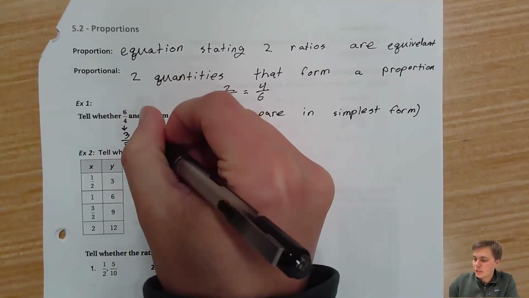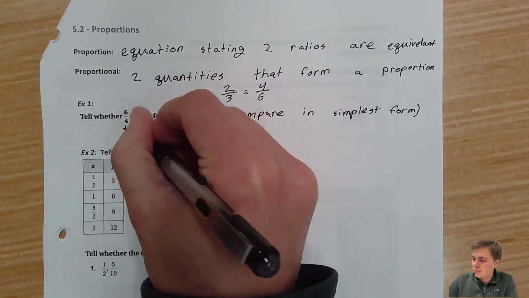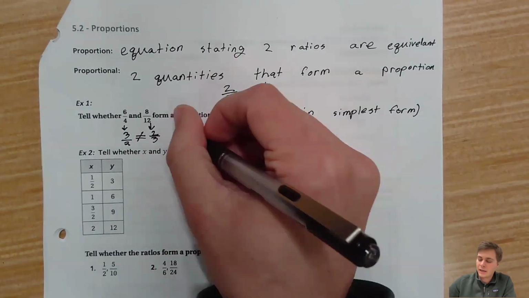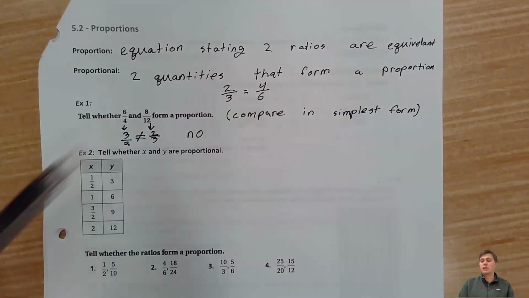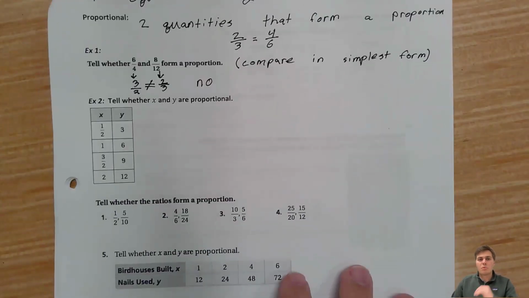And 8/12 in simplest form is 2/3. Is this equivalent? No. So we do not have a proportion here. Okay. And we can also see that something over one is not going to be equivalent to something less than one.